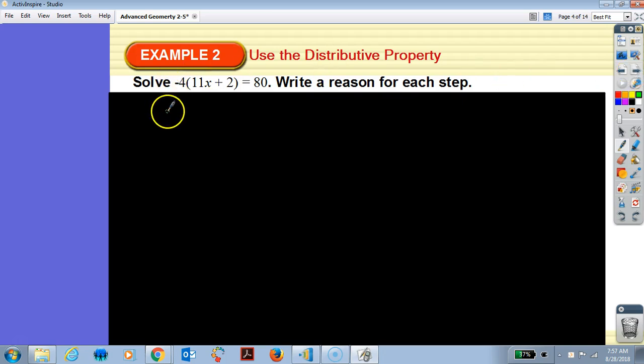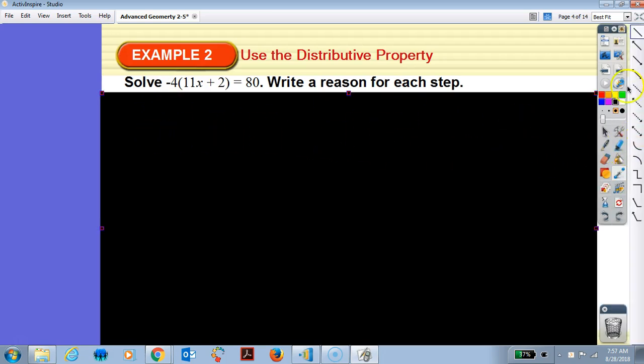Solve -4 times 11x plus 2 equals 80. Write a reason for each step. So with this one, I need to pick a better color.